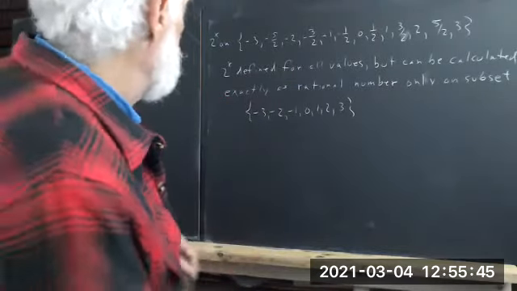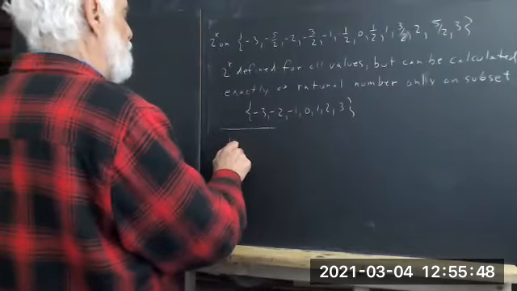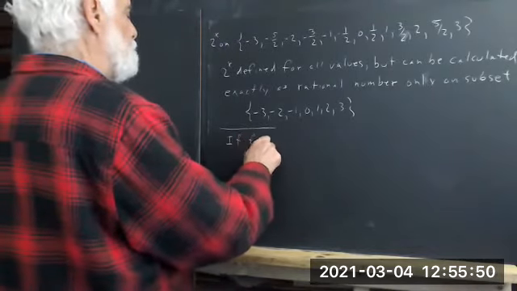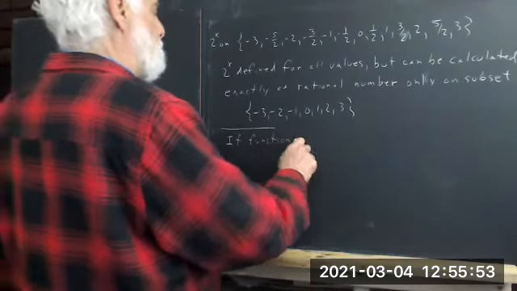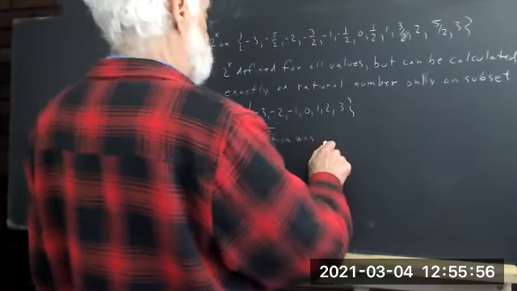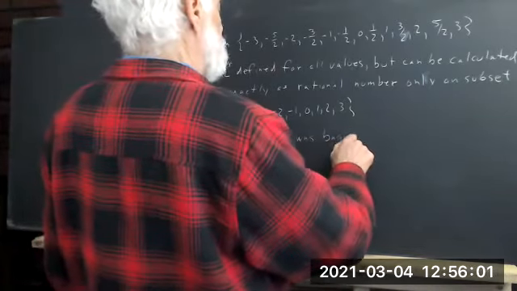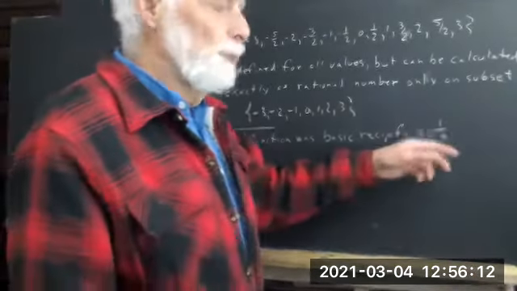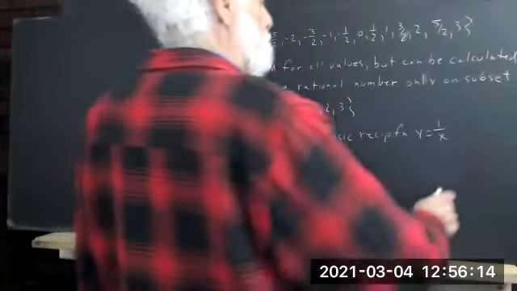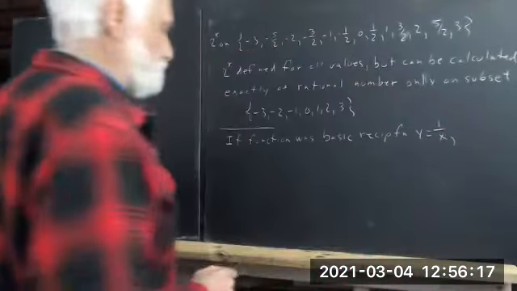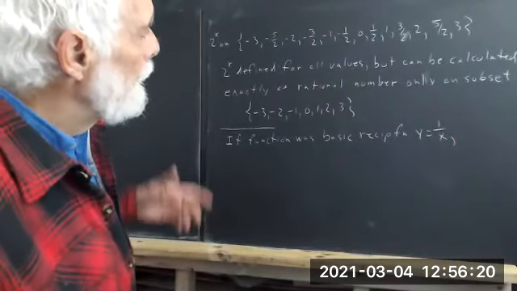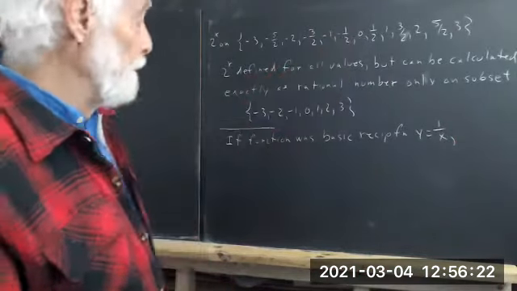Now, if the function was a basic reciprocal function, y = 1 over x, it's not even defined when x = 0.